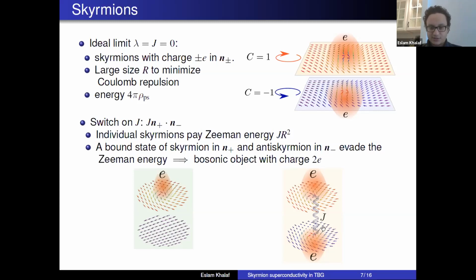Most notably, this bound state will form no matter how small J is, because we can completely evade Coulomb repulsion by making these skyrmions very large. And we can always evade J by locally aligning the skyrmion compared to a single skyrmion.